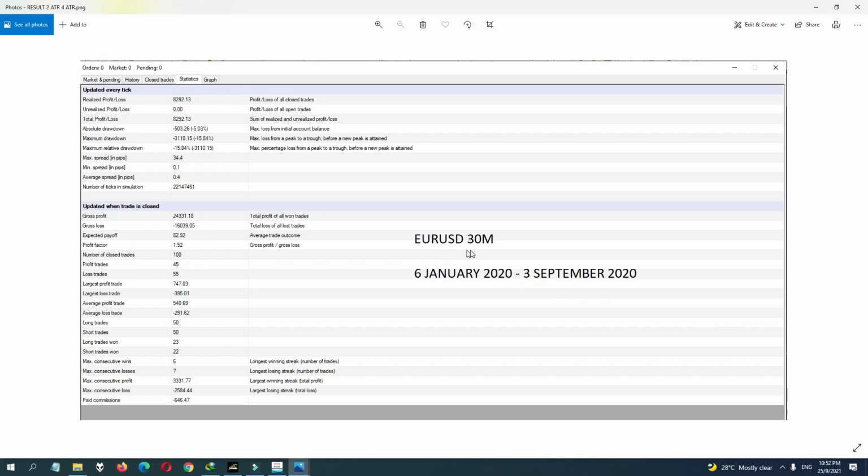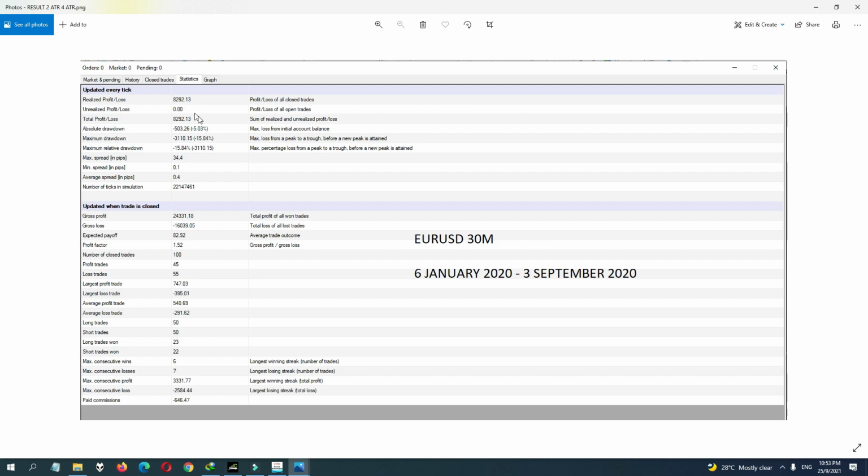This is where I used 2 ATR stop loss and 4 ATR take profit, so 2 to 1 risk reward. We have 45 wins and 55 losses, a 45% win rate, and we made $8,000.